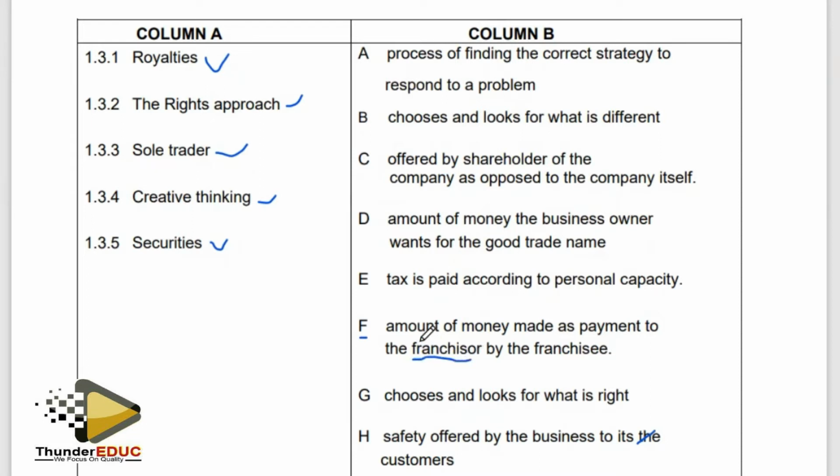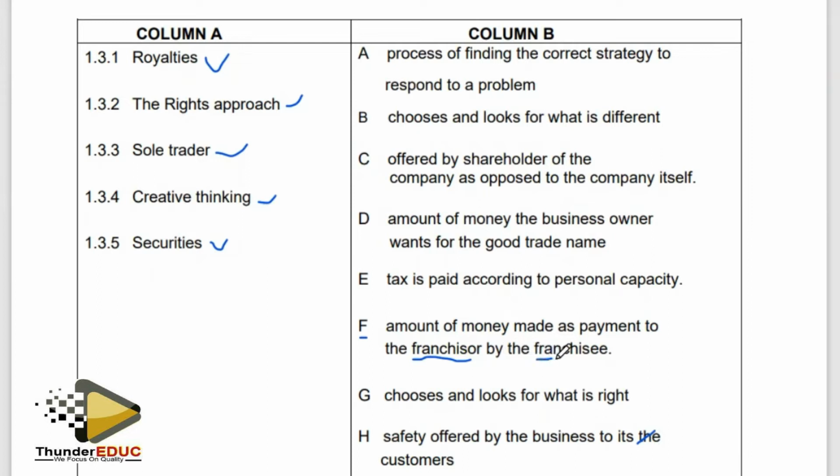The franchisor will give us rights to use a business name, the business skills, the business goodwill, everything that the business uses, the production methods, and anything related to that. And a person who buys the franchise is called the franchisee.